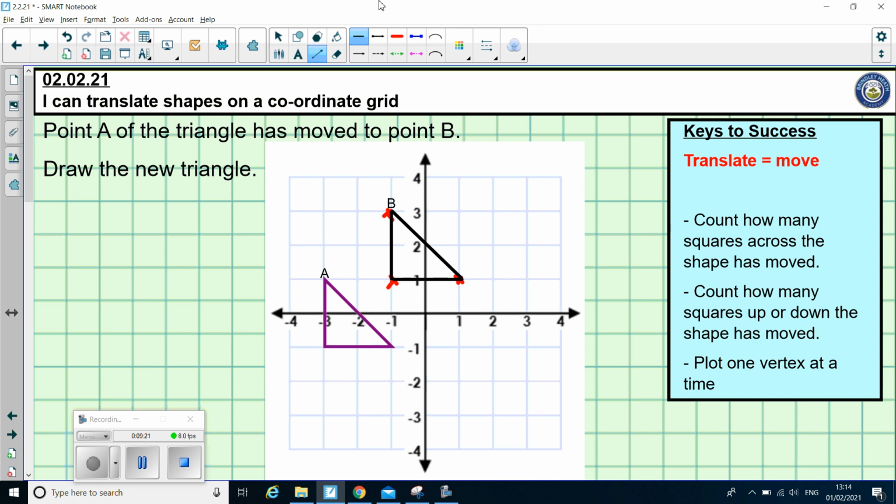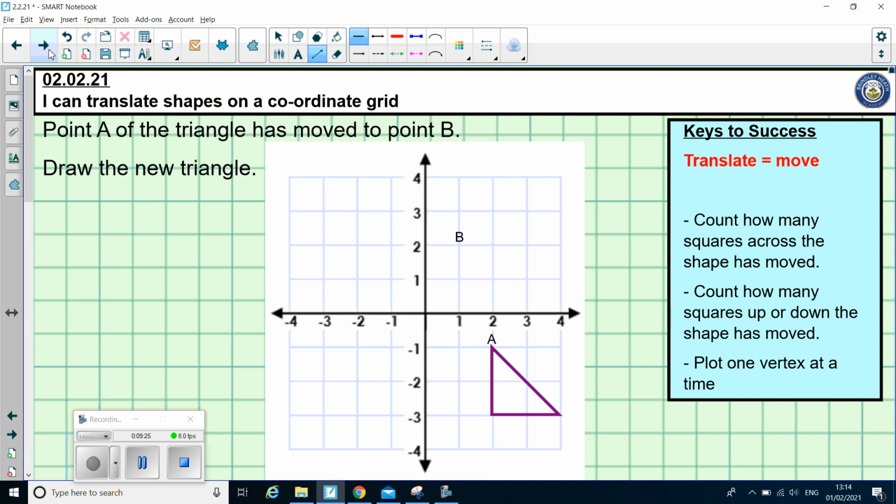Okay, so we've got one more example of that for you, Year 6. You can either have a go at drawing out the coordinate grid yourself if you want to. In the folder for today's lesson, I have put a document that says coordinate grids for fluency.